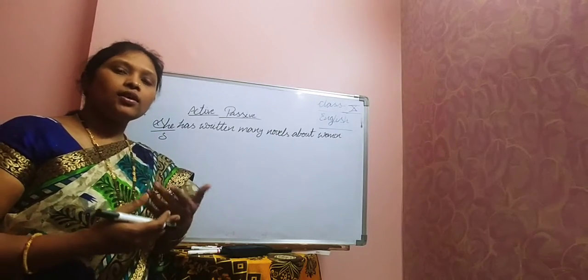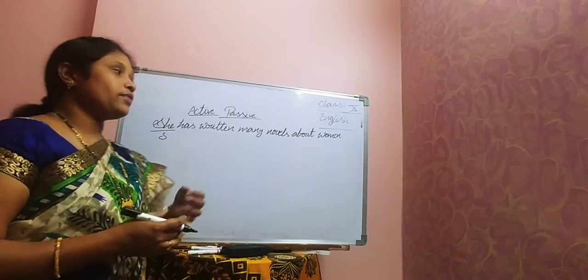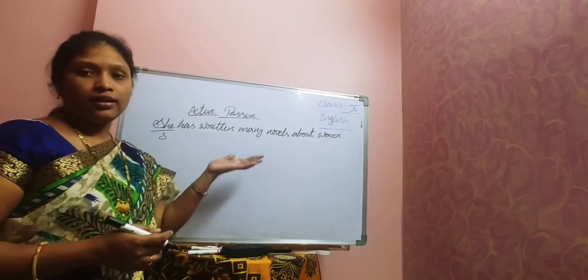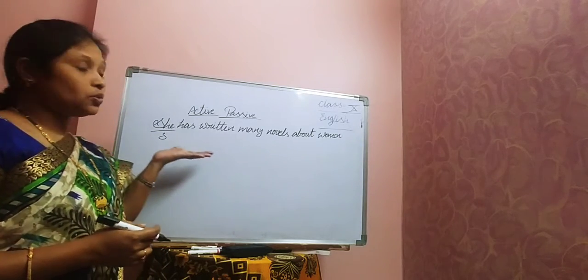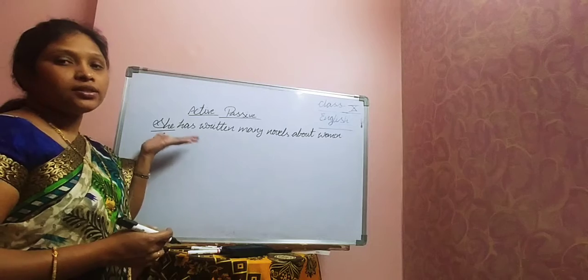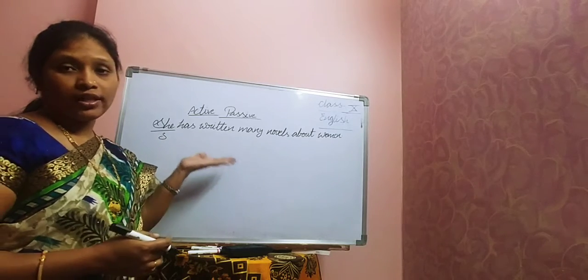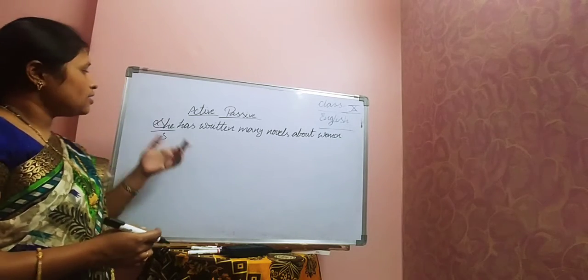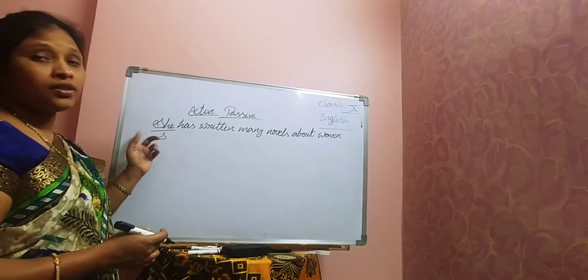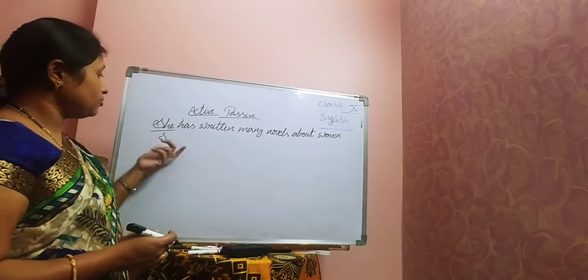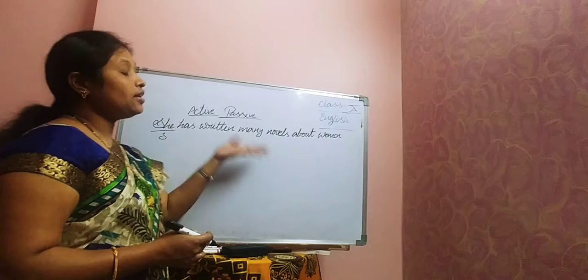What is called a subject? If he or she is the doer of the action, then we call it the subject. See here, what did she do? She has written many novels.